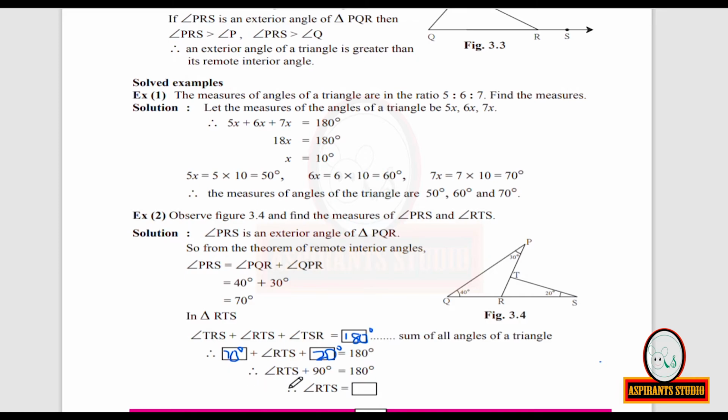Therefore, measure of angle RTS plus 90 degrees is equal to 180 degrees. Now, take this 90 degrees to the other side of the equal to sign. So it becomes 180 minus 90.